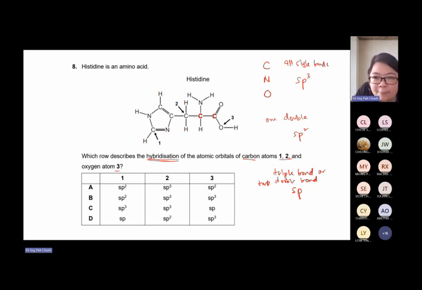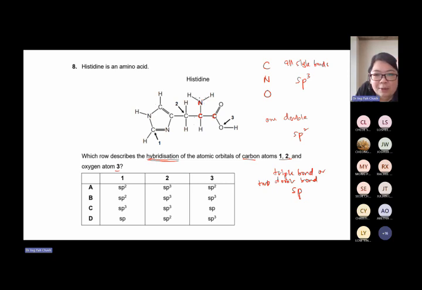Let's look at maybe nitrogen. This nitrogen, all single bonds, that is why also sp3. But nitrogen is unlike carbon. It doesn't form four single bonds. I look at these 3 single bonds. How do I know it's sp3?